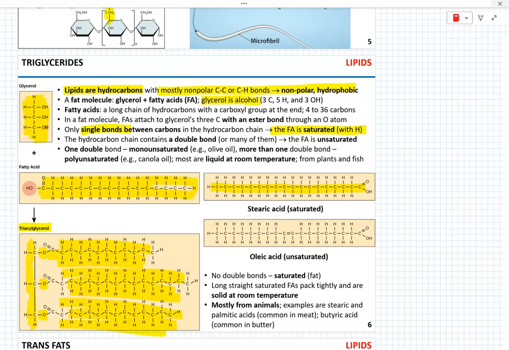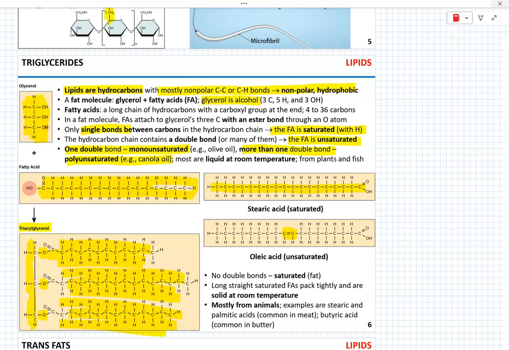When a fatty acid contains a double bond, we call the fatty acid unsaturated, so it can be further saturated by the addition of hydrogens. When only one double bond is present, these fatty acids are called monounsaturated, for instance, fatty acids that are found in olive oil. When there is more than one double bond, we call them polyunsaturated, for instance, in canola oil.